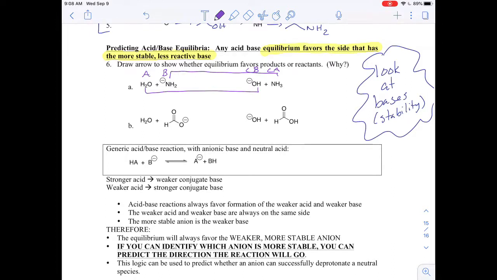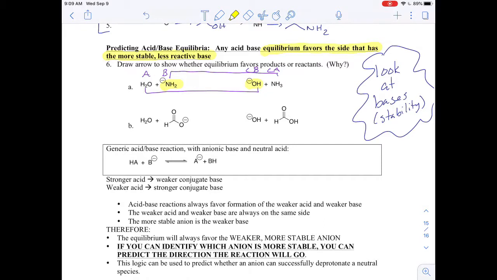So let's talk about what we are seeing here. Which one is the stronger acid, which one is the stronger base, which way is it going to go? So I'm going to look at the bases. You're going to look at the bases. I'm looking at both bases here. Which base is stronger, or which one's more stable?